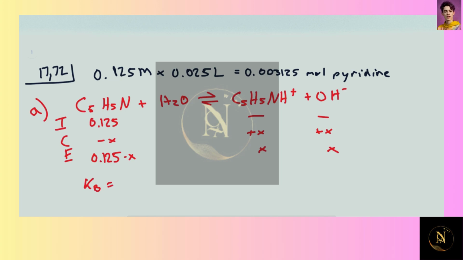So we set these equal to Kb, which is 1.7 times 10 to the minus 9, equals the products, x squared over 0.125 minus x.